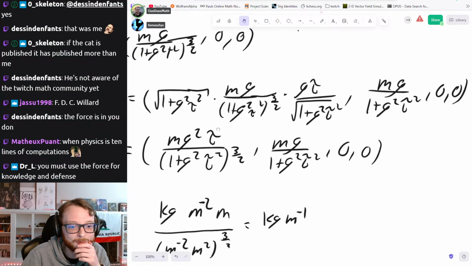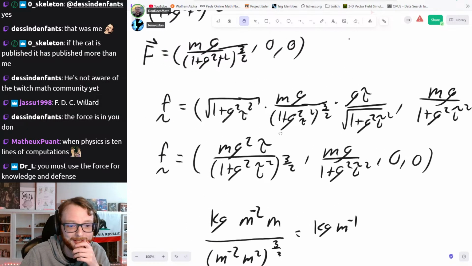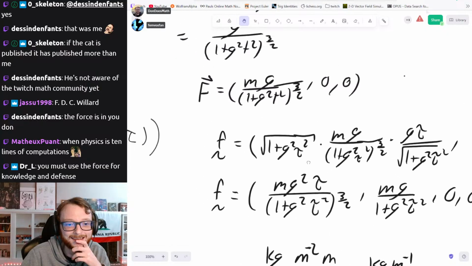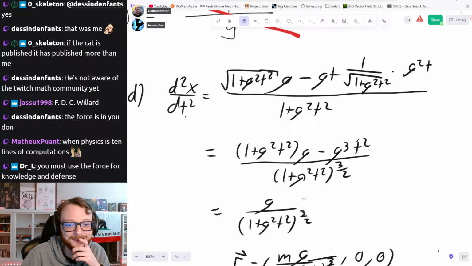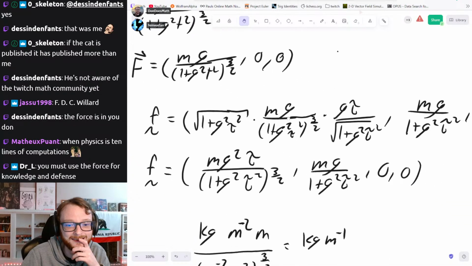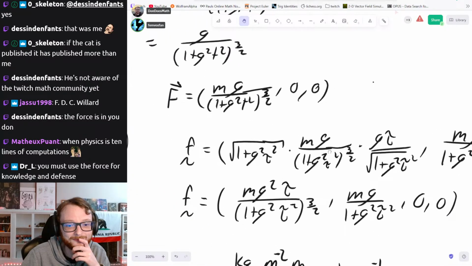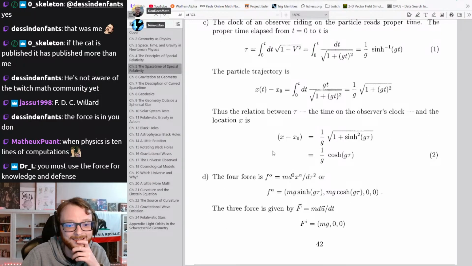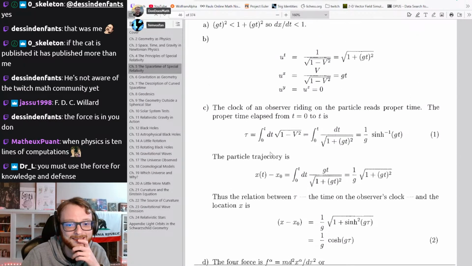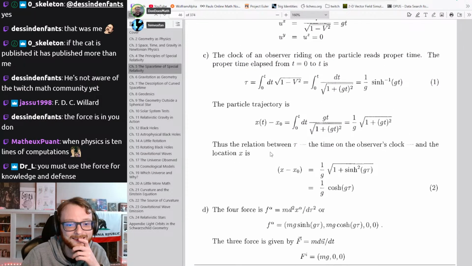Physics is 10 lines of computations that are all wrong. I wonder what the issue is with what we did. I think we're not treating T properly. Evidently not.